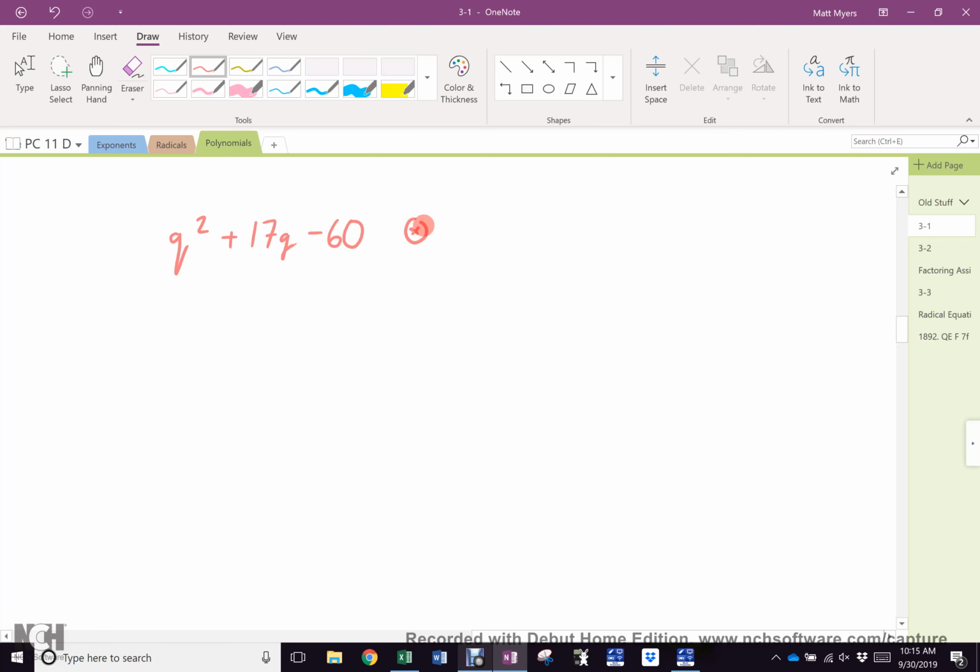What do I need to multiply to? Negative 60. What do I need to add to? 17. Is it 1 and 60? Is it 2 and 30? Is it 3 and 20?